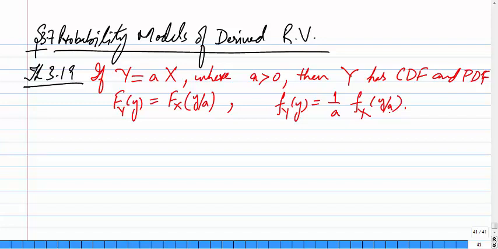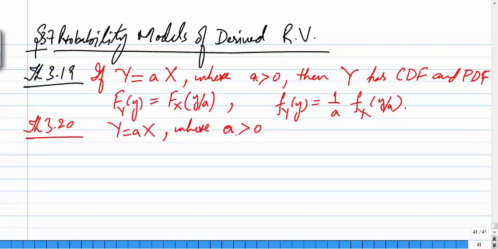Now there is another theorem, that is theorem 3.20, and the theorem says that Y is equal to aX, and the same condition, a is greater than 0. So there are a few conditions that happen.